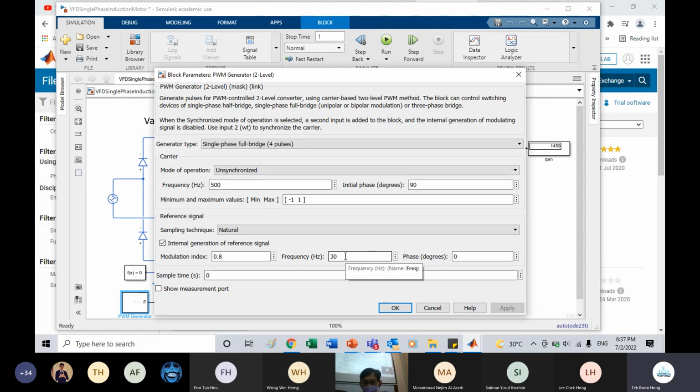Get it? Don't get this wrong, you will damage the variable speed drive. So that's why just now I mentioned the switching frequency, and the frequency that you want to modulate, are different things.